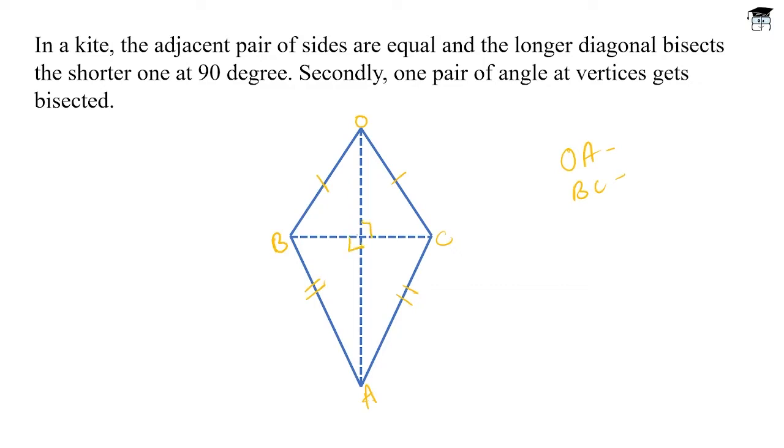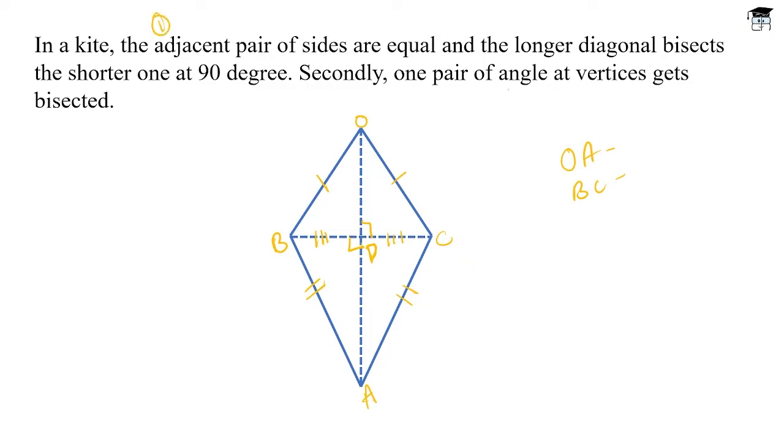If it is bisecting, let's say the point where it bisects is D. So BD is equal to DC. Now we know OB is equal to OC, AB is equal to AC, and BD is equal to DC. So we know the first property of a kite.